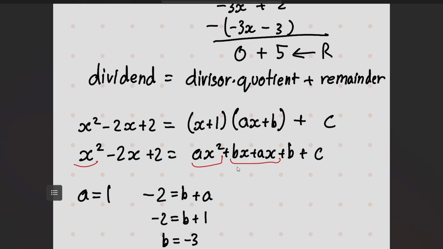So now we'll compare the constant now, which makes it easier for us. 2 plus 2 is equal to b plus c, and we know that b is negative 3, so 2 is equal to negative 3 plus c, and our c is 5.